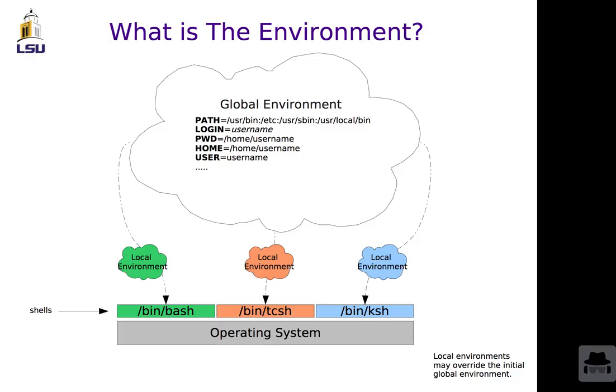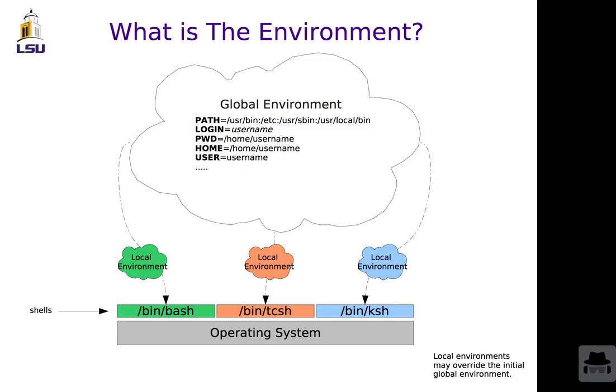And this is another view of the environment. So you have this global environment of knowledge under which the shells are operating, the skeleton environment that the system administrator may set up for you. And then you've got your local environment that the user has. You can set up your own environment, your own environmental variables.